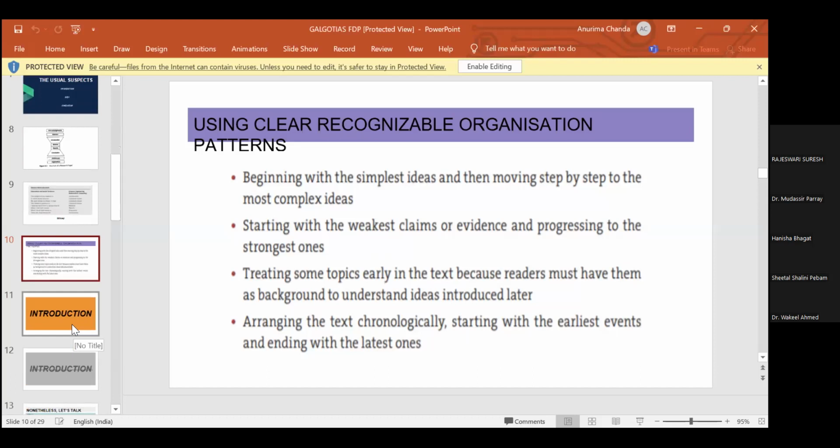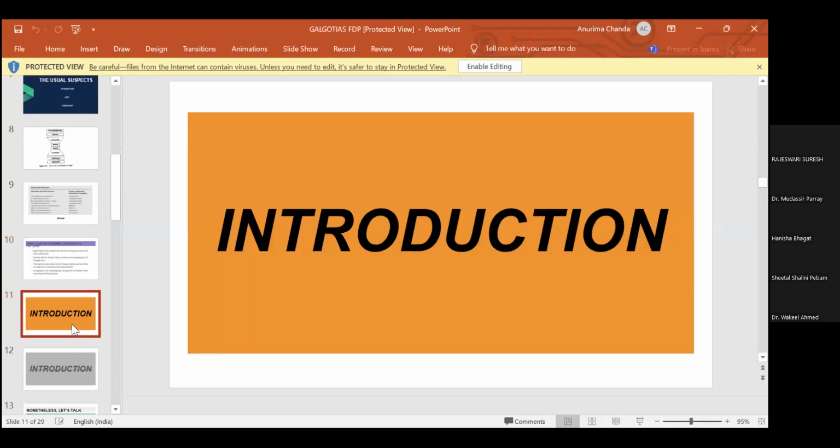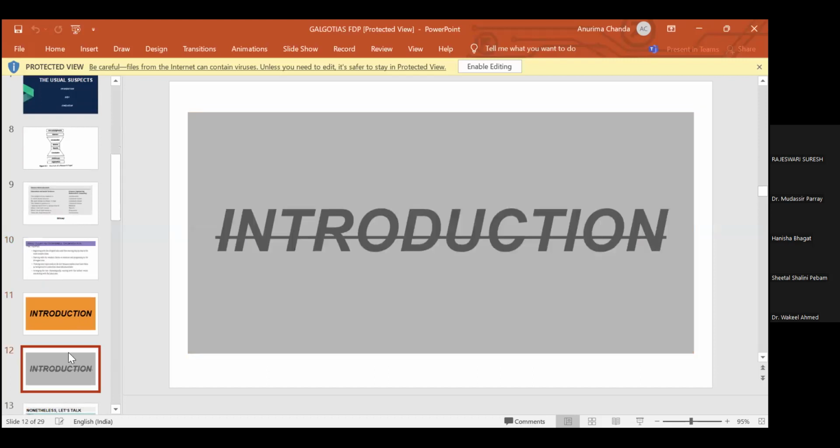Moving on, now let's take the first chunk, introduction. It's always best to leave the introduction to be written right at the end of your thesis or your research paper. And here I will be slightly deviating from what Eco was saying, because he keeps mentioning that the introduction is as important as outlining.